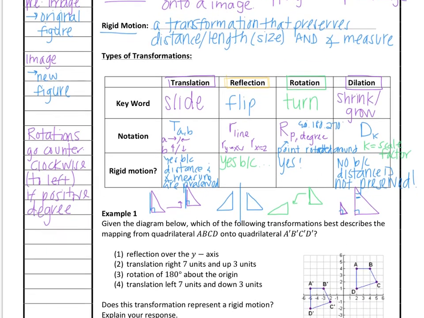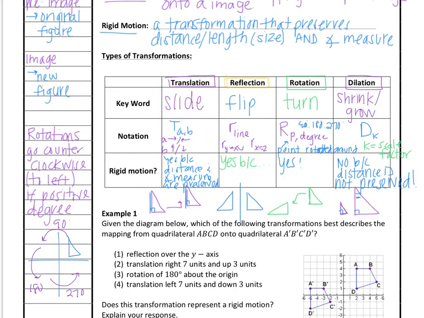And also with rotations, you need to think about the number of turns it makes for each degree measure. So if we're turning 90 degrees, that's 1 turn to the left. If we're turning 180, that's 2 turns to the left. And then 3 turns would be 270.